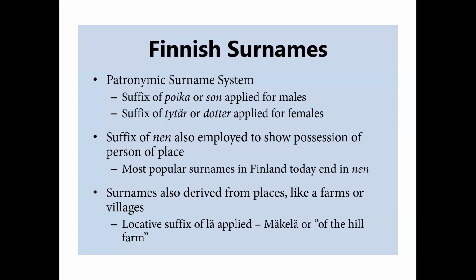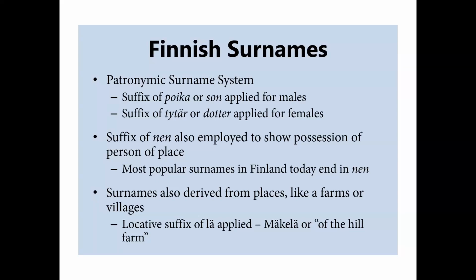Other places, Finnish surnames have a locative suffix of lä with the diacritic mark. So if you have ancestors in the US that have the nen suffix or have a name like Mäkelä, you very much likely have a Finnish surname.